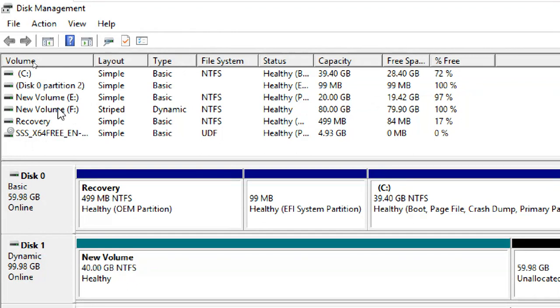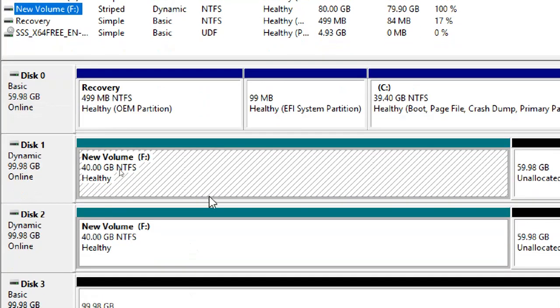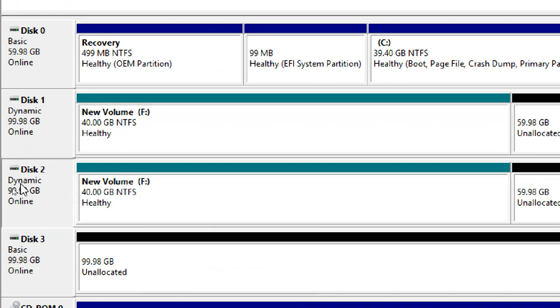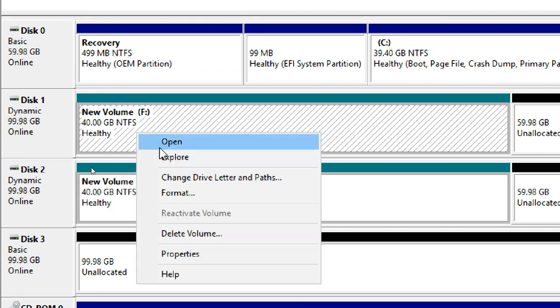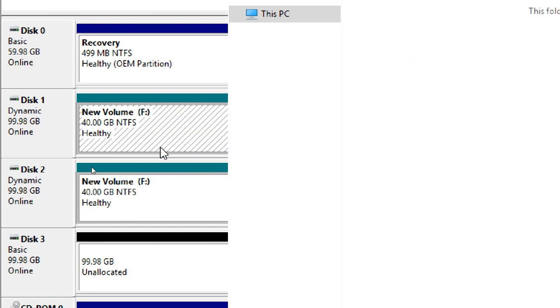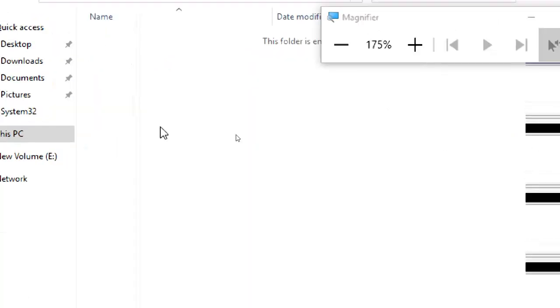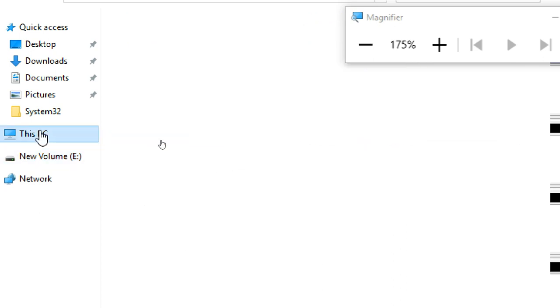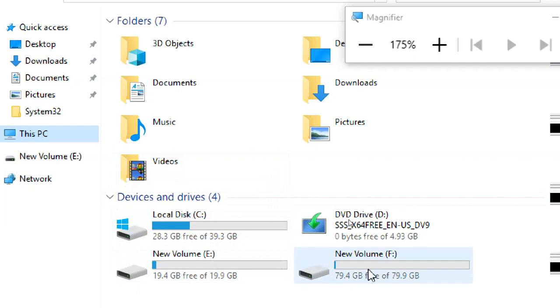Somewhere it will show this is an 80 GB volume, F drive. Okay, so like that also you can do it. If you make, for example, F drive, you put data in F drive. Where is this?